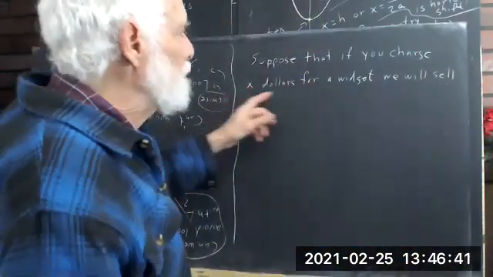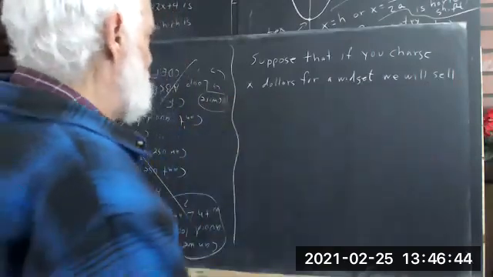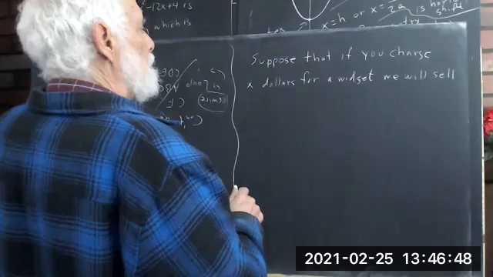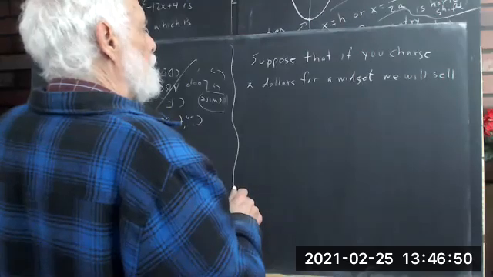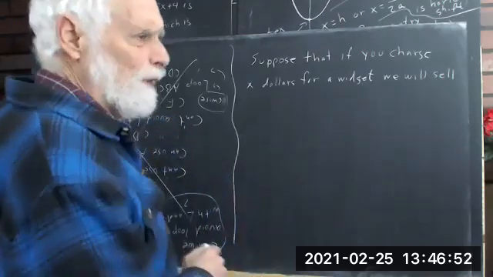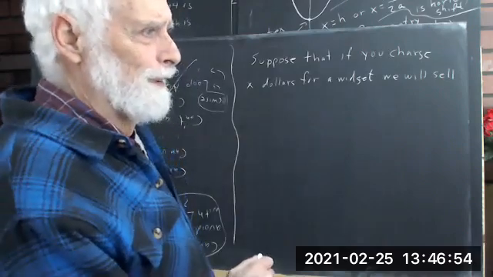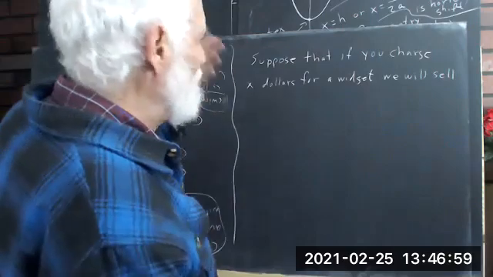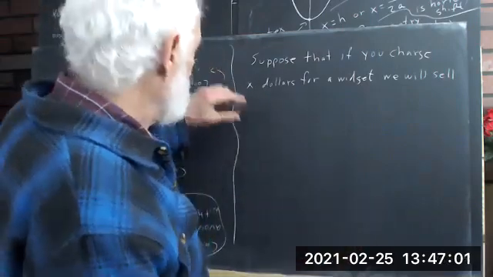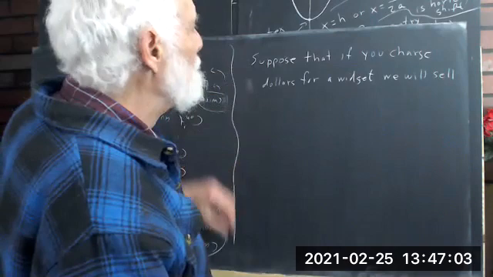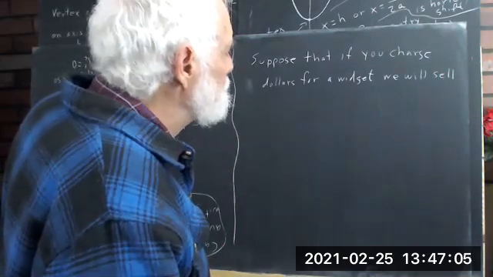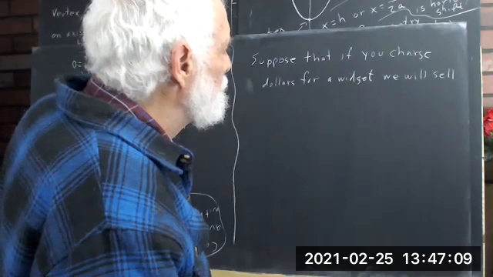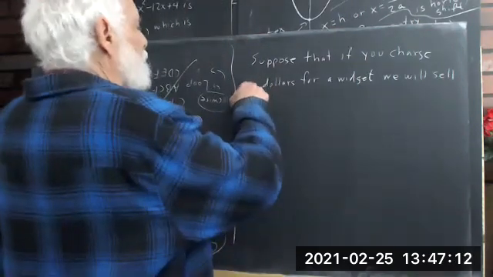Okay, if we charge X dollars for a widget, we will sell... No, I don't think well in terms of economics. Math, physics, engineering. I don't know that much about engineering, but I know the math behind it. Yeah, I'm going to say X.